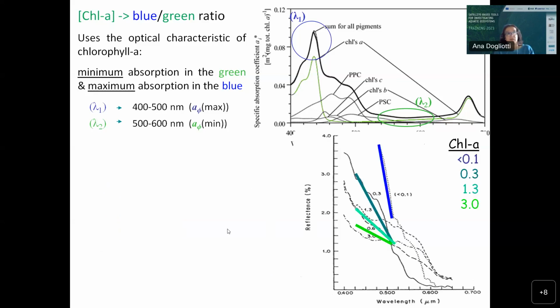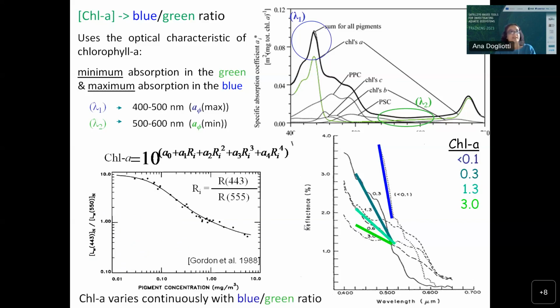So taking this ratio between the blue and the green, it will give a difference in this slope, and it's basically related to the pigment concentration.